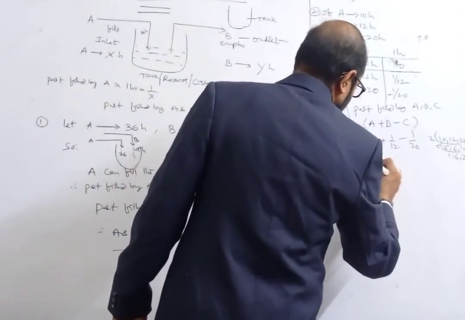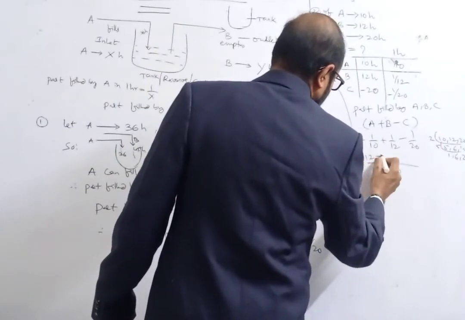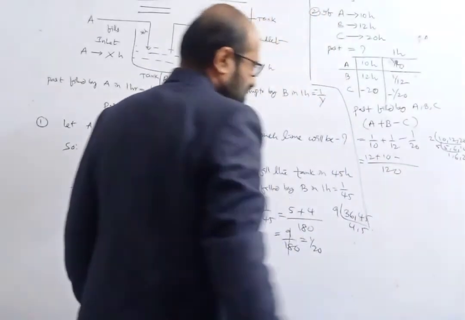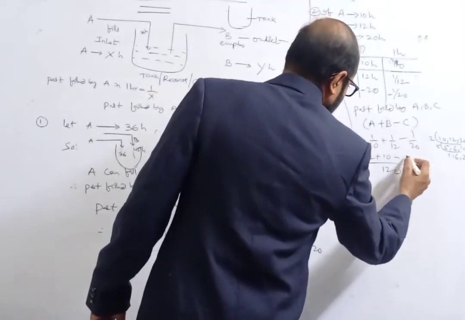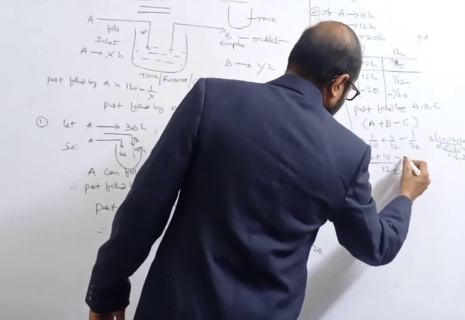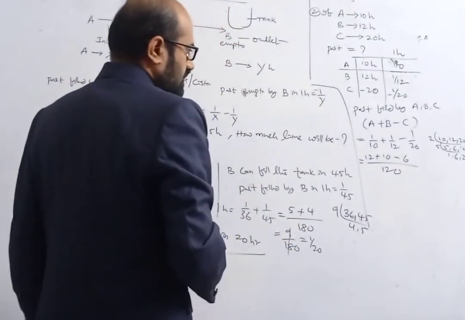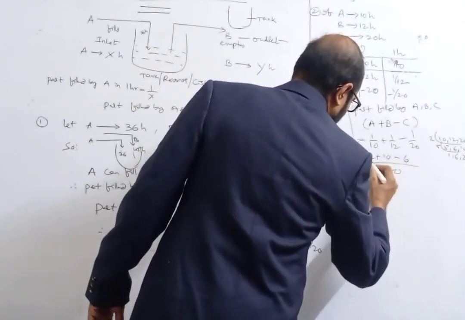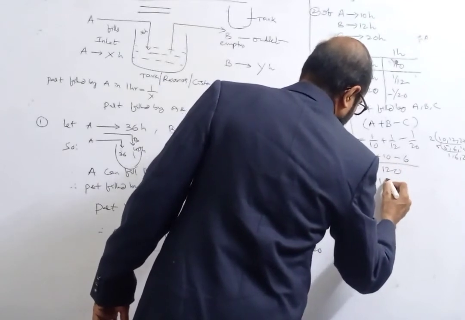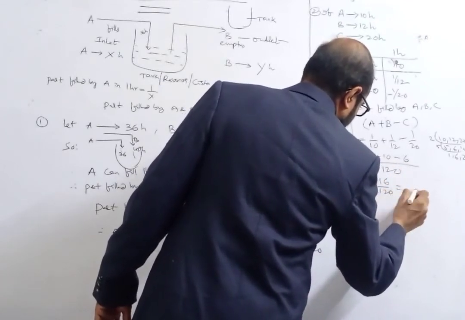Taking 120 as the LCM, 12 plus 10 minus 6 gives 16 by 120, right?